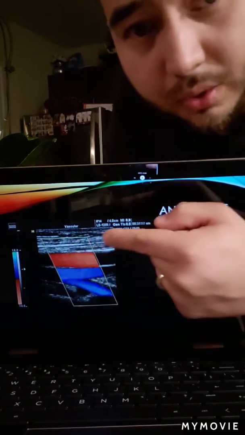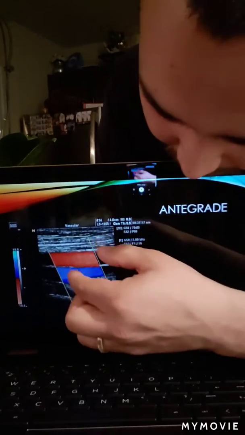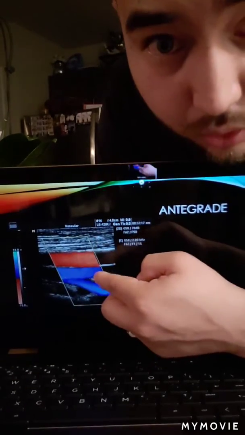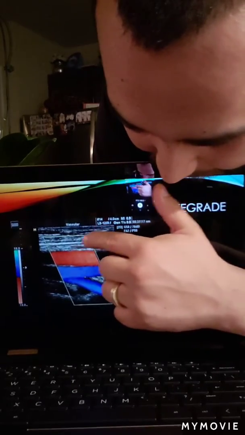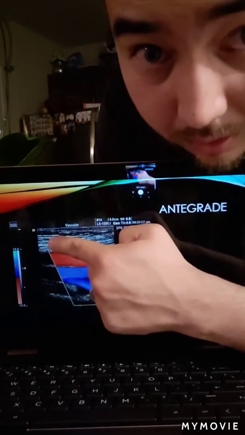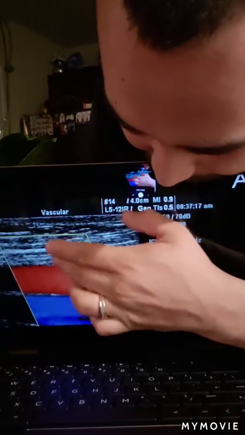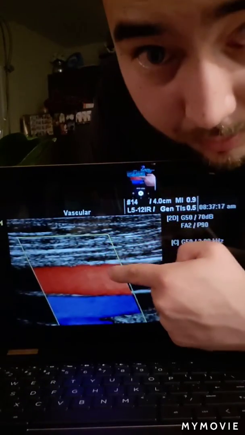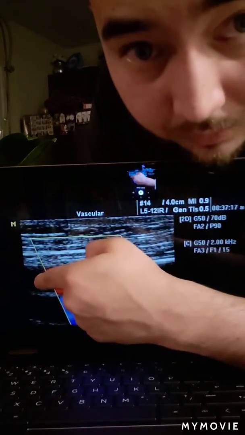Another thing to know is when you see this angle box here, you draw two lines going straight down from the top corners. One would be here and the other one would be here.